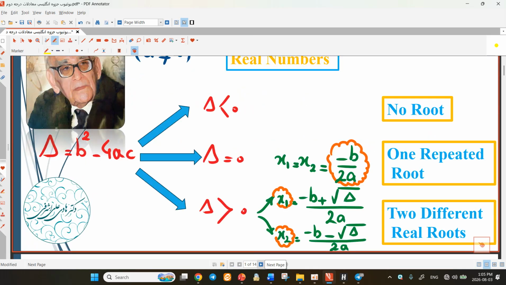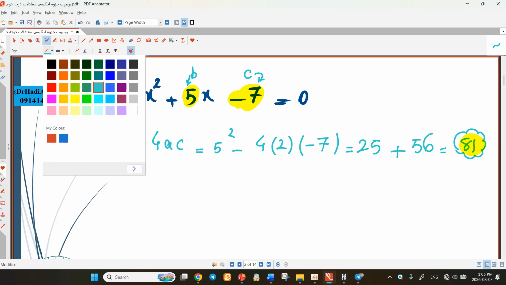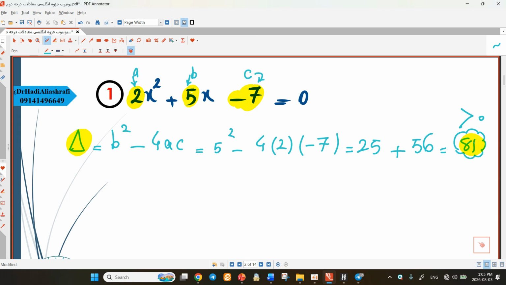That is, it refers to the third type, where the discriminant is positive. We have 2 roots, x1 and x2, with this formula. Okay?